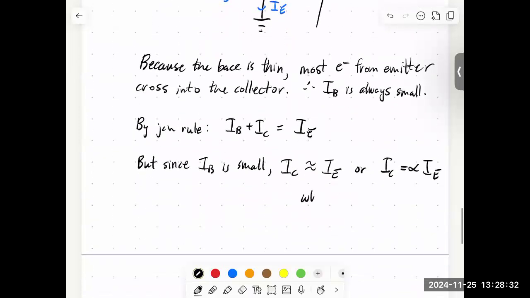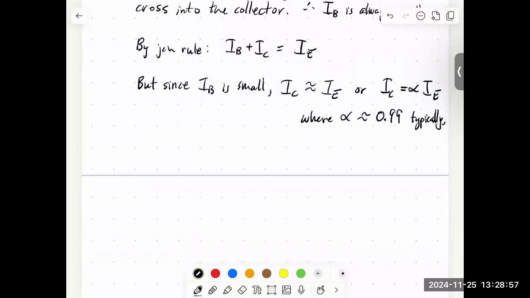So alpha is approximately 0.99999 typically. The precise value will be determined by the fabrication of the transistor. What are the doping levels in the 3 regions? How thin is the base compared to the others? Things like that.